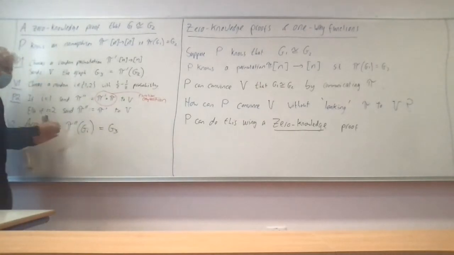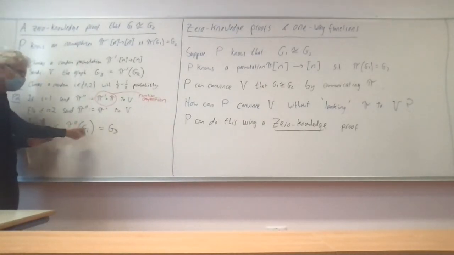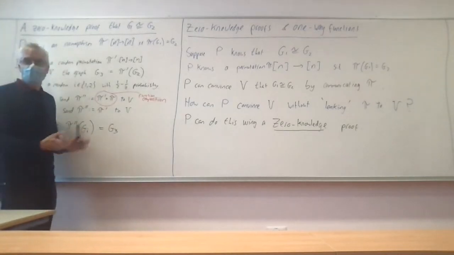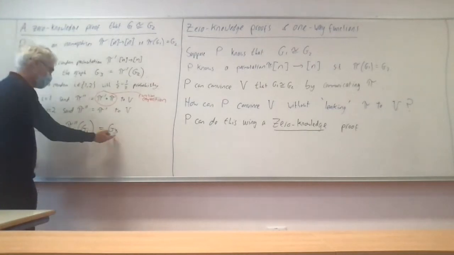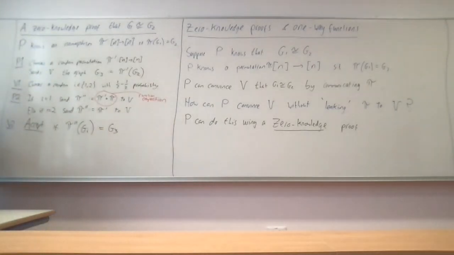We can check this: we apply the permutation to the graph, then we get an n by n matrix, and we simply check that it's the same n by n adjacency matrix we've got there, and reject otherwise.